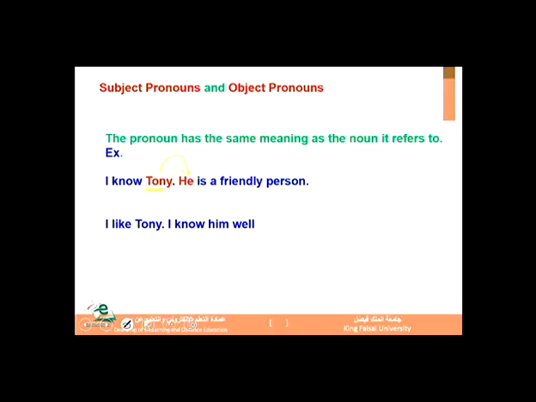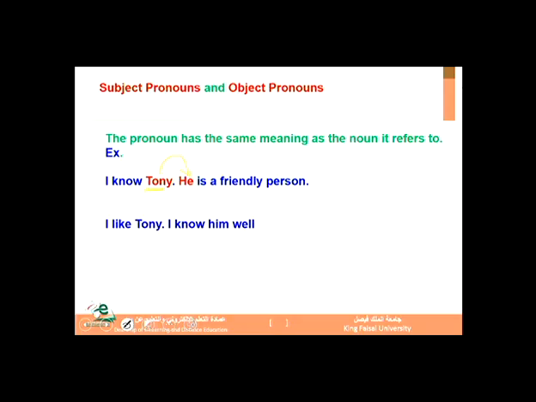So, we use a pronoun that refers to Tony. We cannot say, I know Tony, she is a friendly person. We cannot say, I know Tony, they are friendly persons, because Tony is one single person, and it is a male name. It is a masculine noun, not a feminine noun.